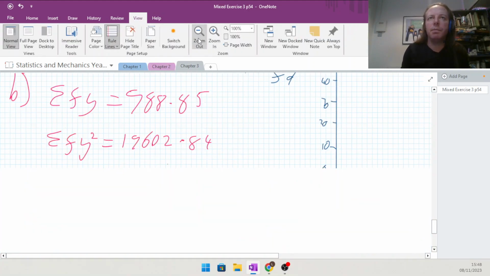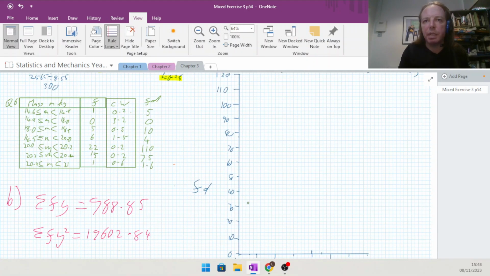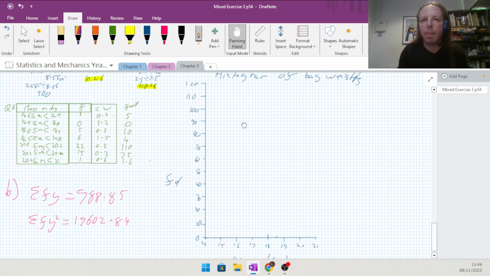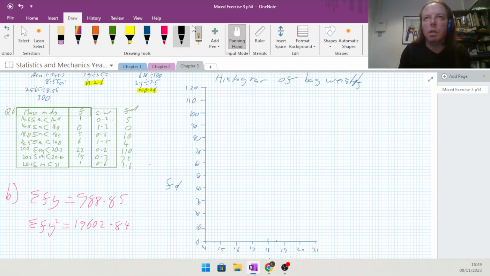Okay, so we can now go and put these onto axes over here. Let's come out a bit. For the first one, 14.6 to 14.8, we're coming up to 5. That is literally going to be 2, 4, 6, 8, 10.